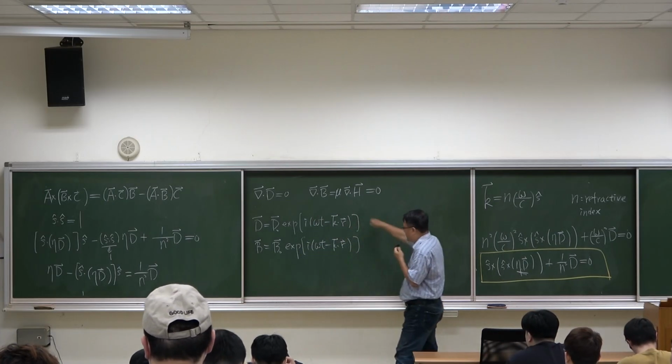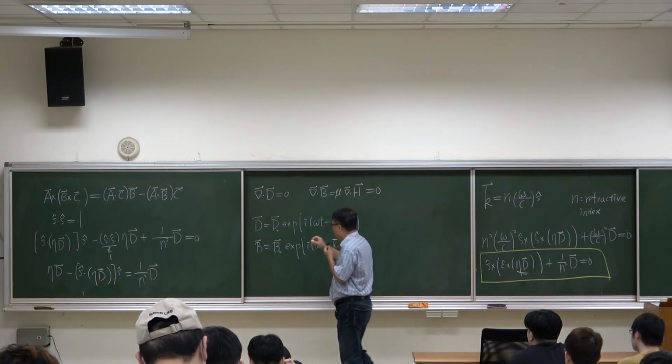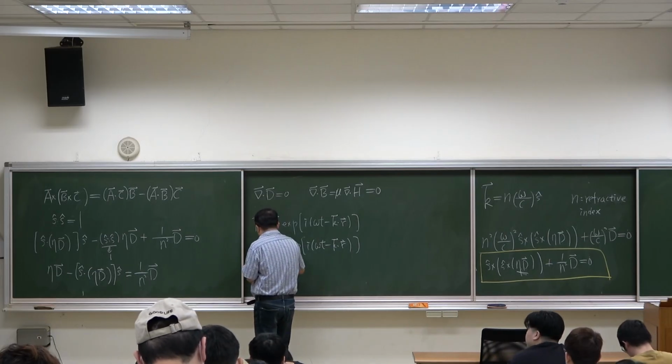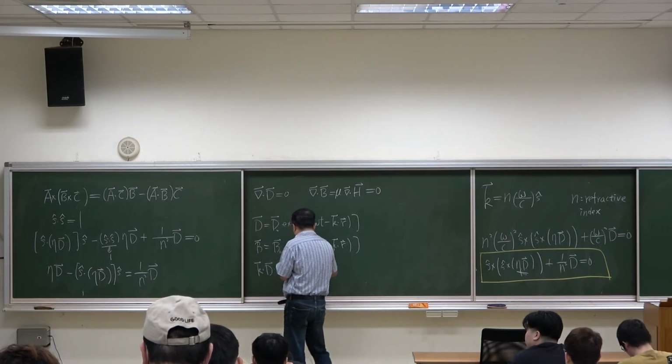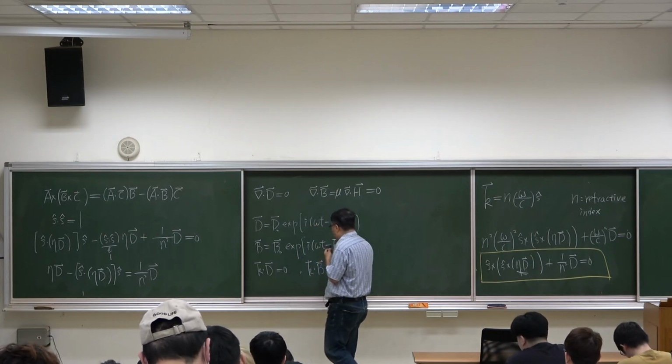We substitute this form into these two divergence equations. We find that K dot D is equal to 0 and K dot B is also 0.